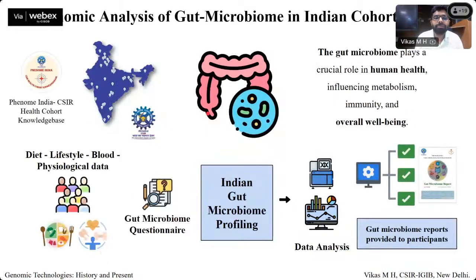A task that we are doing in our lab, and it is a part of my PhD also, is that as part of the Phenome India project, we have collected stool samples from different parts of India, thousands of samples, along with a lot of diet, lifestyle, blood and physiological data, along with diet frequency questionnaires, through which we can analyze the data and come up with population-level patterns, signatures of the gut microbiome when it comes to health and diseases.